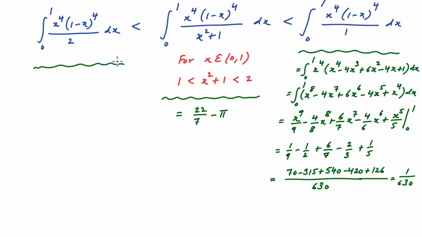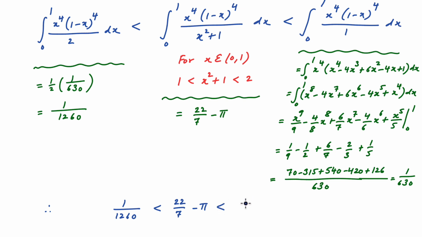And the value of the integral at the lower end is merely half of this number, that is half of 1 upon 630, which is equal to 1 upon 1260. Therefore, 22 upon 7 minus pi is greater than 1 upon 1260 and is less than 1 upon 630.